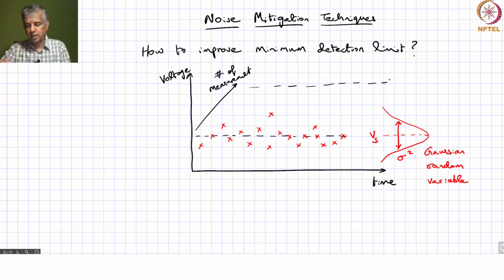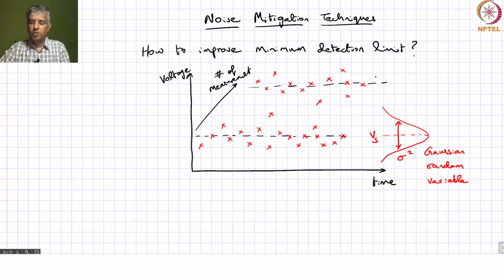Let's say the value of the measurand is actually staying the same. Then you could do one more measurement. Of course, what we are going to see is when you do these measurements at different times, they are not necessarily going to replicate. The noise is not going to replicate.